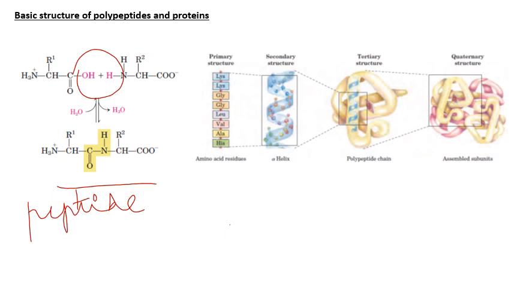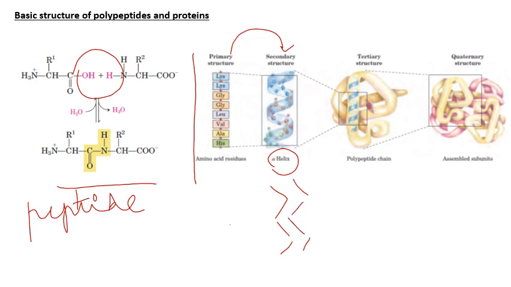The simple linear sequence of amino acids in a polypeptide chain forms the primary structure of a protein. You can imagine the primary structure to be like a thread. Now these thread-like structures could then form a higher level of organization, which could be either a spiral, which is called an alpha helix, or it could be in form of sheets, which are called beta sheets.